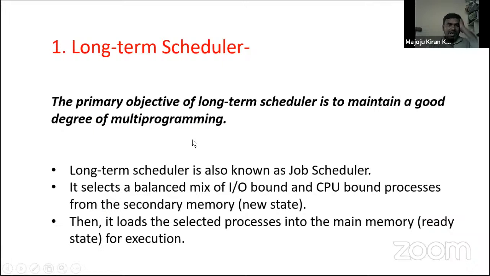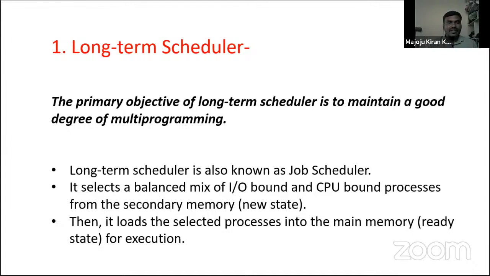Let us talk about the long-term scheduler. The main objective of the long-term scheduler is to maintain a good degree of multi-programming. When the system is installed with multiple software and you want to run them simultaneously, the degree of multi-programming should be high.